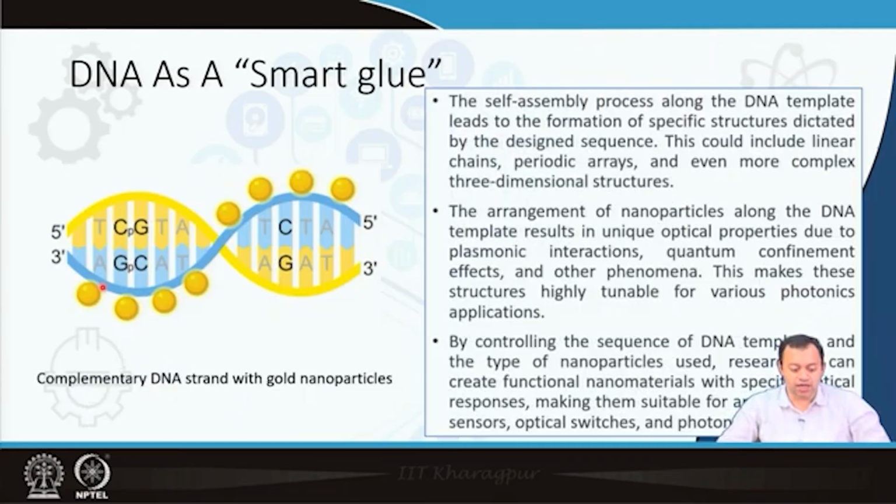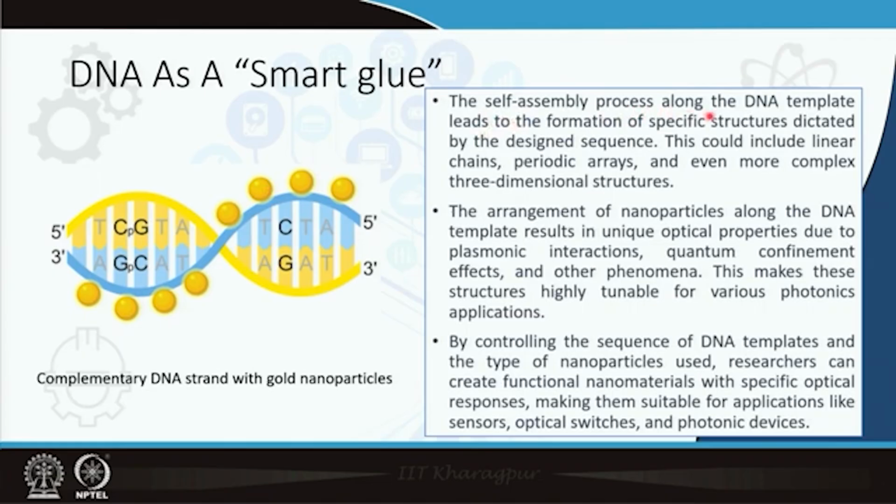So, as I was saying, you can have these gold nanoparticle complementary strands that can either be attached with the base pairs or you can have it with the phosphate base, the backbone.